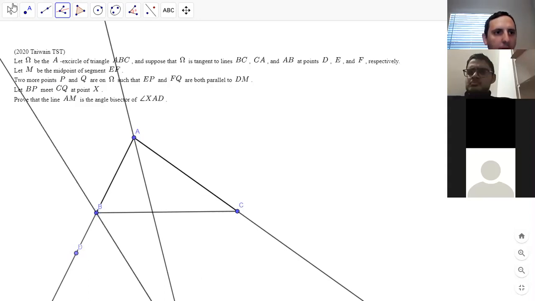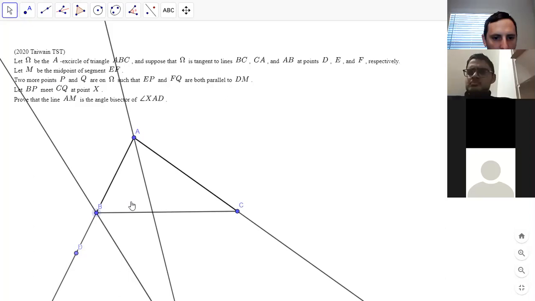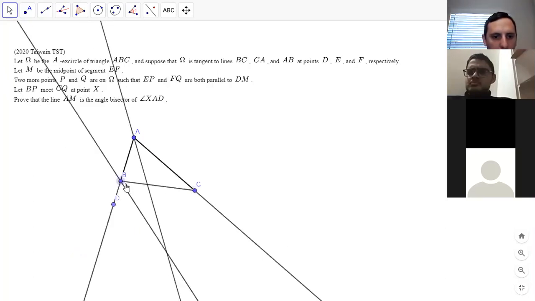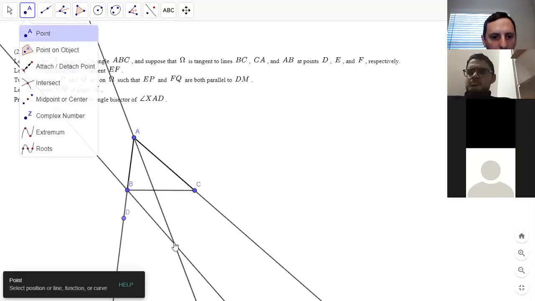So that would be the excenter. Yeah, excircles are hard, because they take up a lot of space. So it's tangent at D, E, and F.